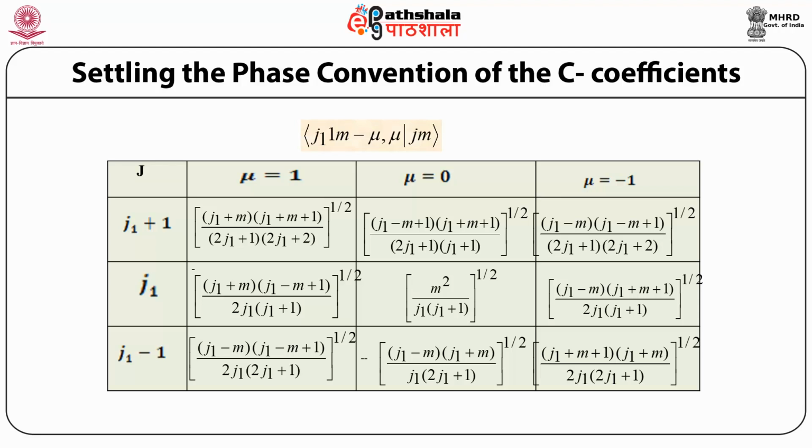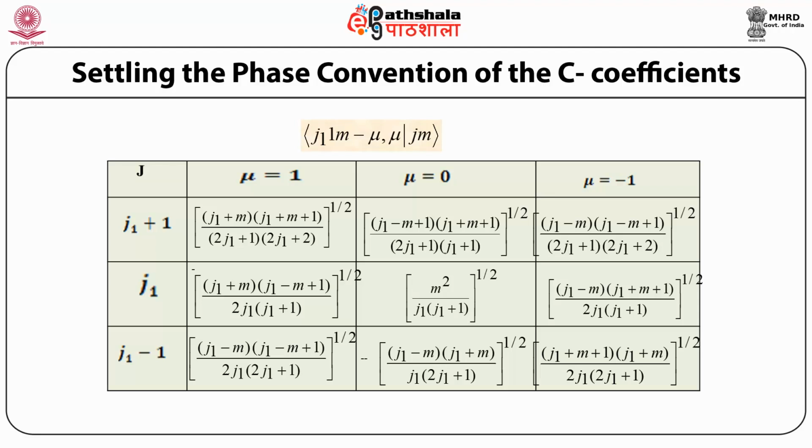For j1, for 3 values of mu, for mu equals to 1, j1 plus 1 m, j1 minus m plus 1 by 2j1 into j1 plus 1 whole to the power half. For mu equals to 0, m square by j1 into j1 plus 1 to the power half. And for mu minus 1, j1 minus m into j1 plus m plus 1 by 2j1 into j1 plus 1 whole to the power half.